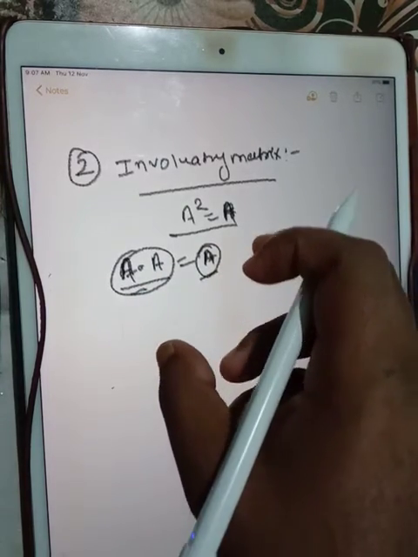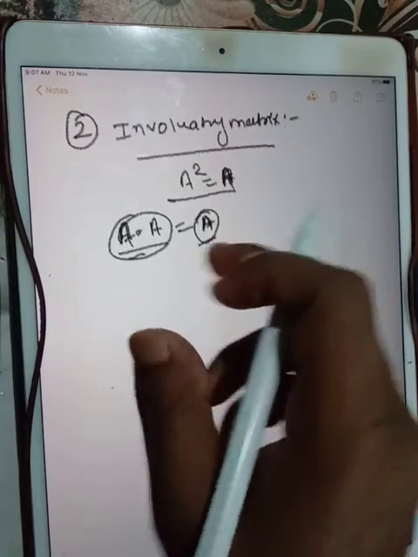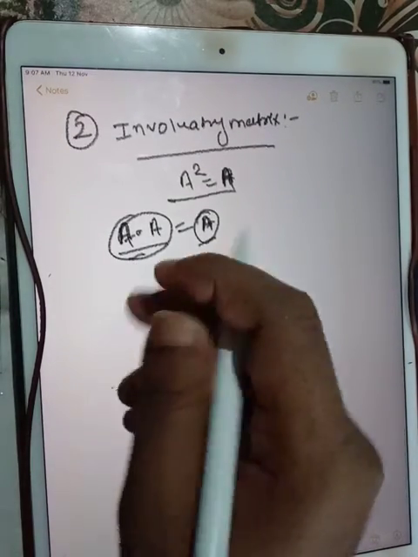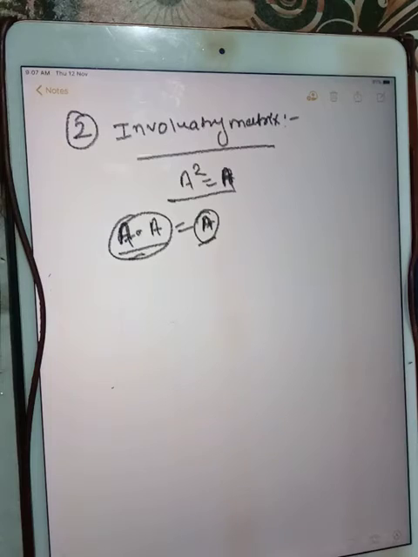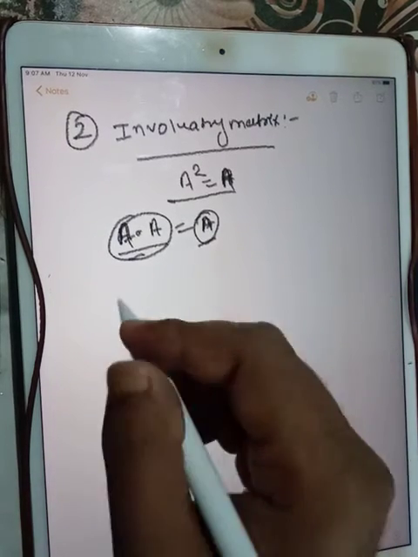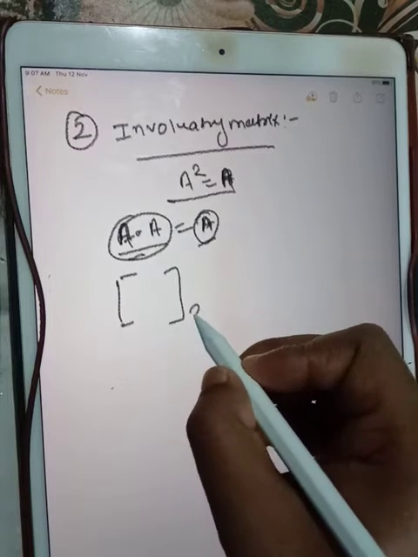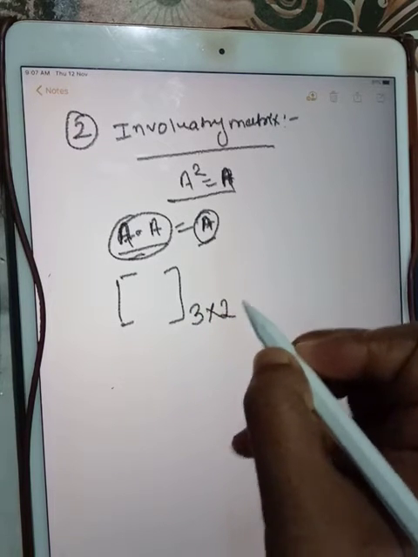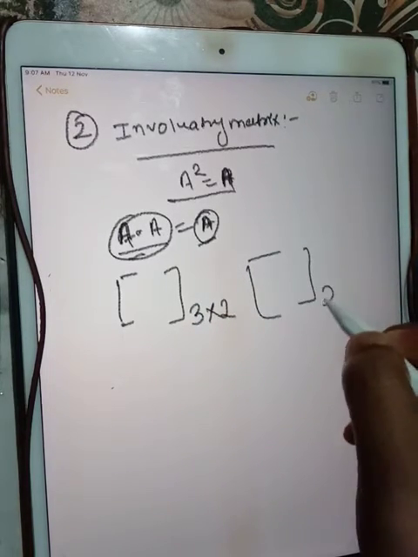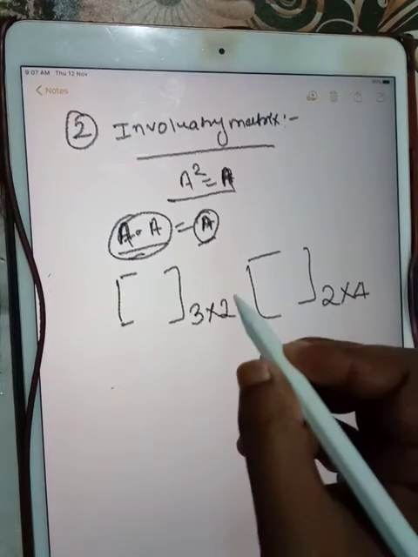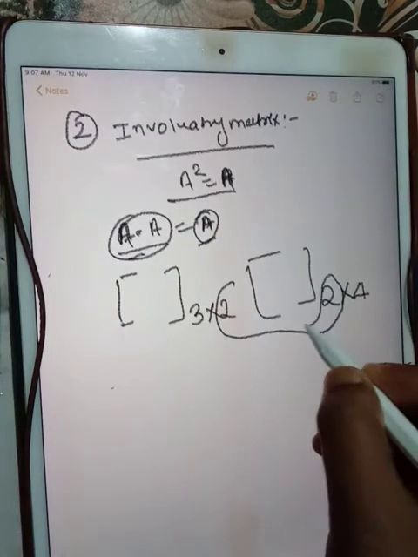First of all, I just want to give you a recap. Matrix multiplication is only possible when, let's say, a matrix is 3 cross 2 and another matrix given is 2 cross 4, then this should be equal to this one.